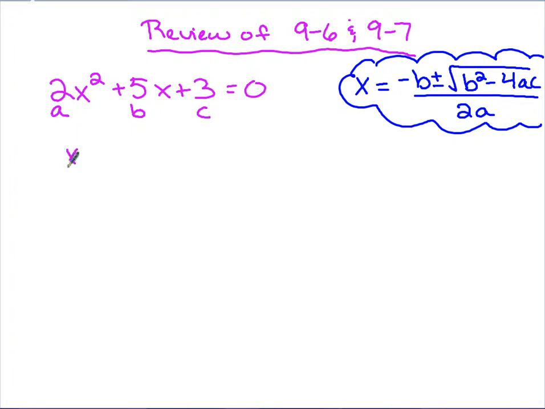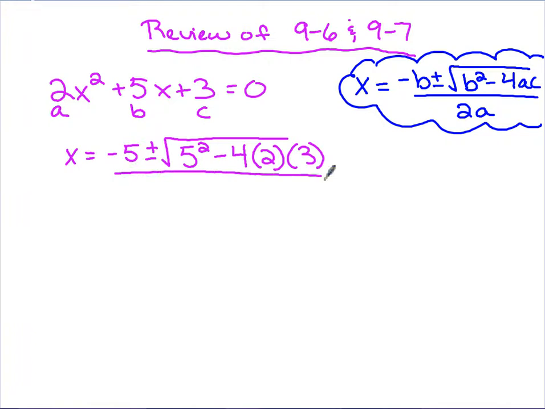So for negative B, we're going to say -5. And then everything under the radical symbol, B squared minus 4 times A times C. A is 2 and C is 3. All divided by 2 times A, and remember A is this guy right here.